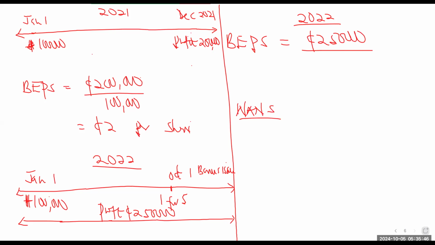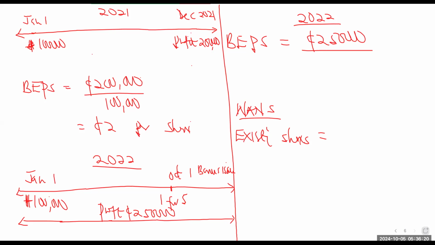We are going to be having existing shares, which is going to be 100,000. That will be a full year, isn't it? But a bonus issue, we don't time apportion. So we assume that the bonus issue has also been there from the beginning of the year. So what you are going to be doing over here is just find the bonus issue fraction. Would that be 6/5?